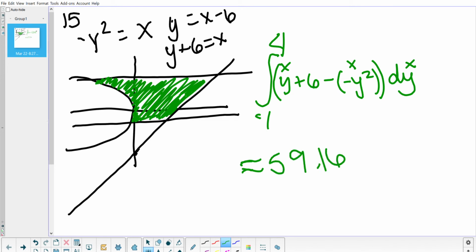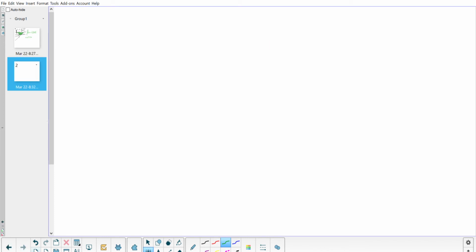Okay, one more. I was also going to do number 16. Number 16 has only lines, so it starts with the line y equals x. Whoa, that's a 16.